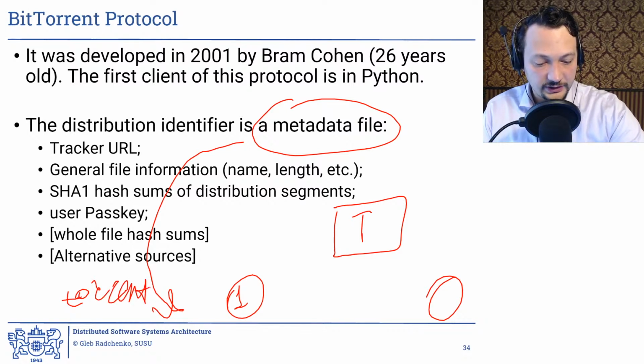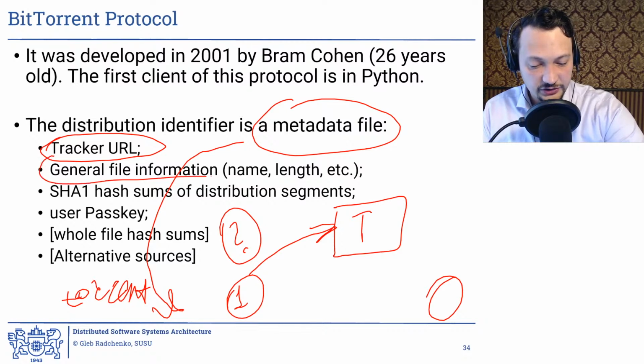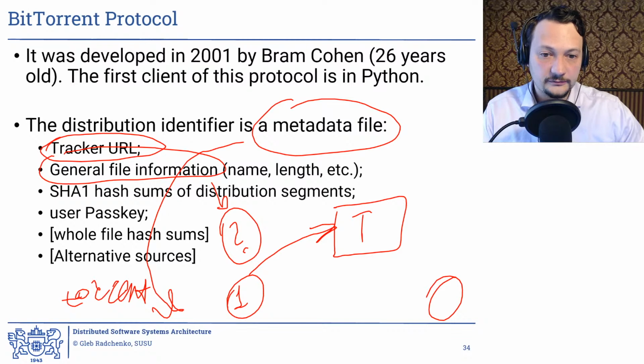And in this torrent file, it got the URL for the tracker. So using this tracker URL, we connect to the tracker and send the request: I would like to download some files. And in this request, we send the tracker information about the files that we would like to download.